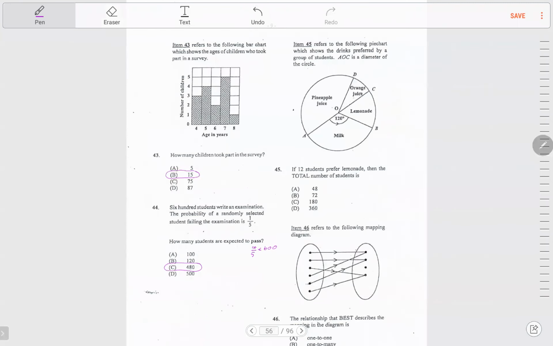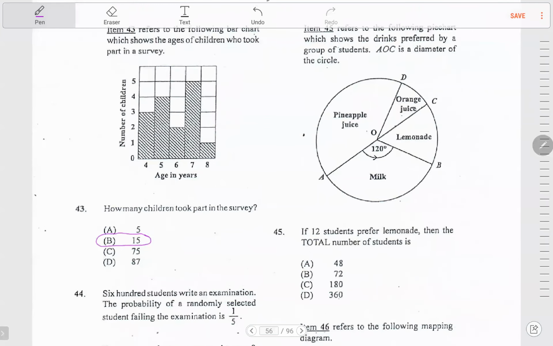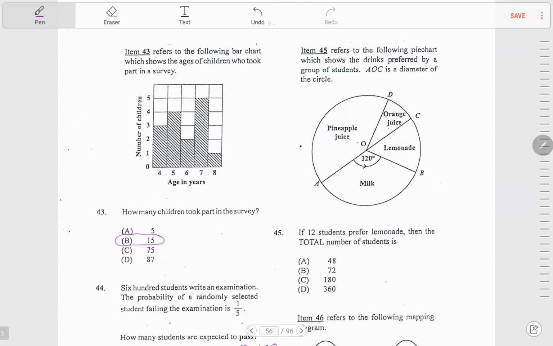All right, this question, we haven't done this question yet. It says, the pie chart shows the drinks preferred by a group of students. If 12 students prefer lemonade, 12 students will correspond to 60 degrees, because that's a straight line right here.